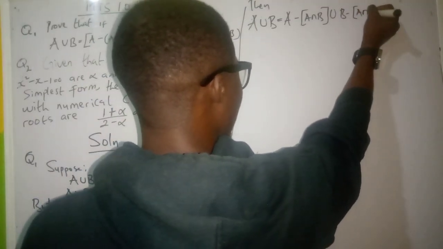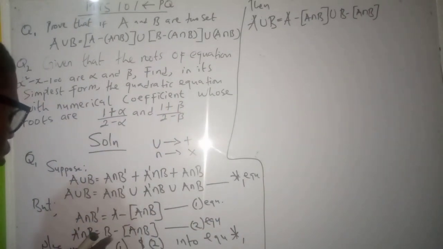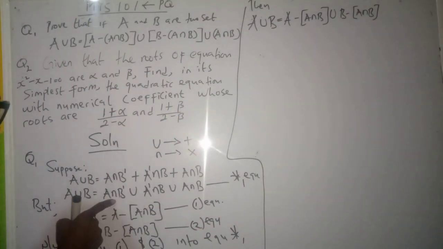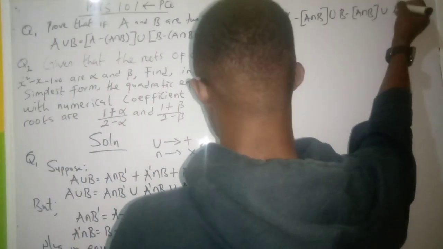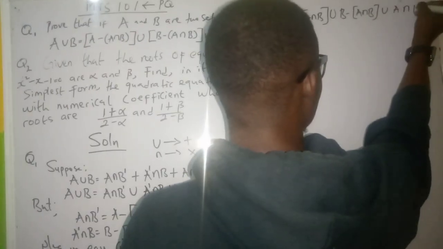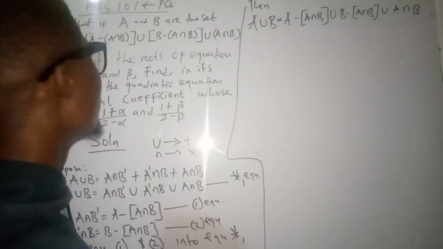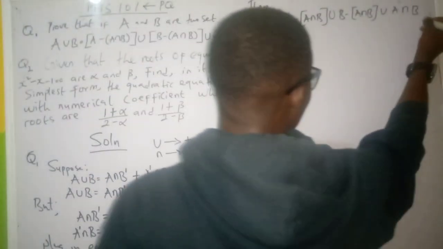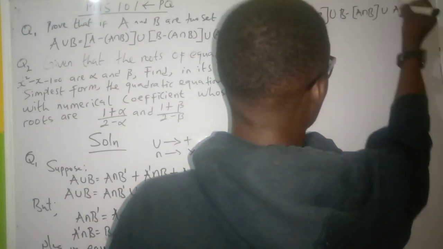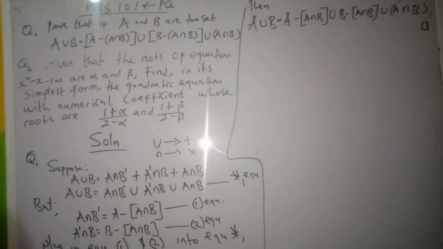B minus A intersection B. Then we have substituted this, then this follows, union A intersection B. So you can see that's it, we are done. Then you have proved. It's very short.